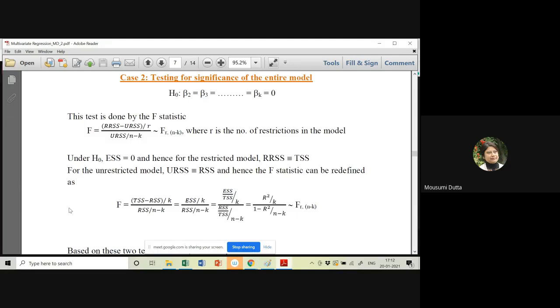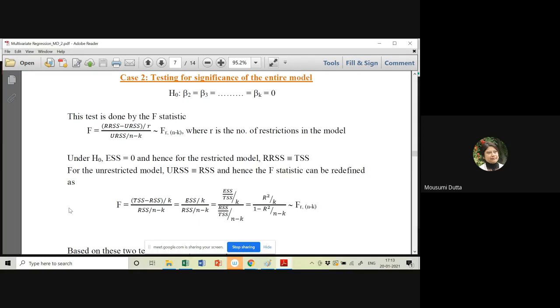Now under H0, if I consider all explanatory variables have no power to explain yi, that is, from beta 2 to beta k equal to 0, under H0 we are proposing that ESS is equal to 0. No explanatory power. Hence, for the restricted model, RRSS is equivalent to TSS. In general, by ANOVA, TSS is equal to ESS plus RSS. If under the restriction ESS is equal to 0, then TSS is equal to RSS.